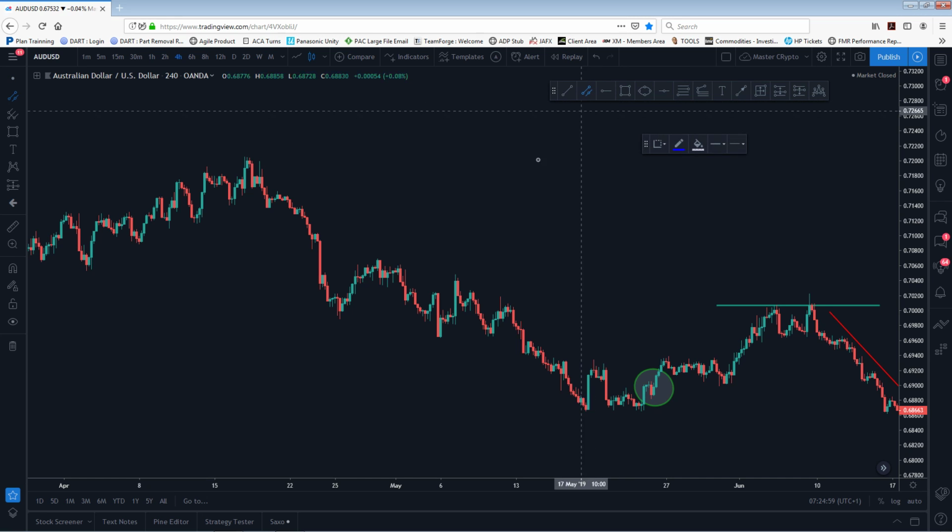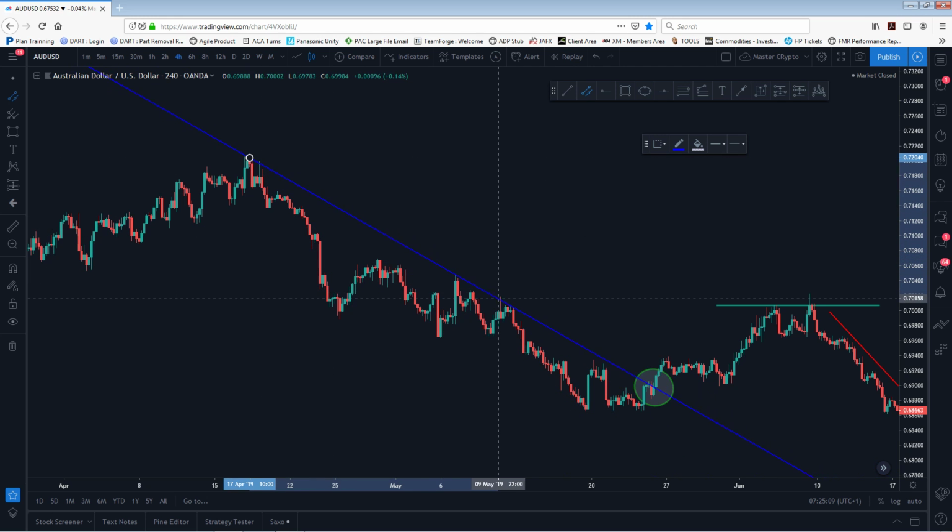Click on that. A channel is the same thing as drawing a trend line. We find a point here, click there once, then click here, and draw a channel.